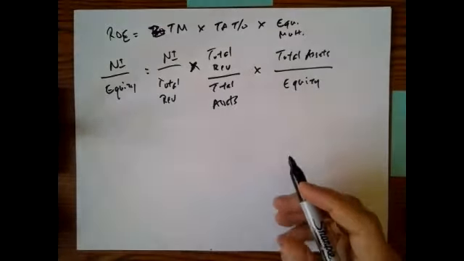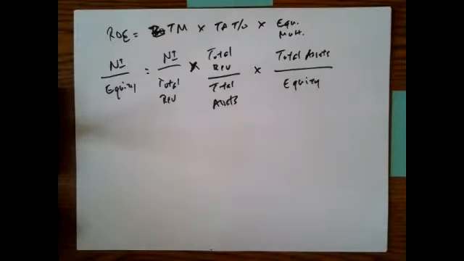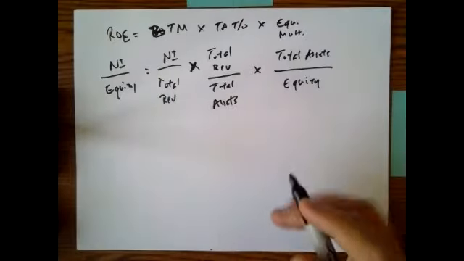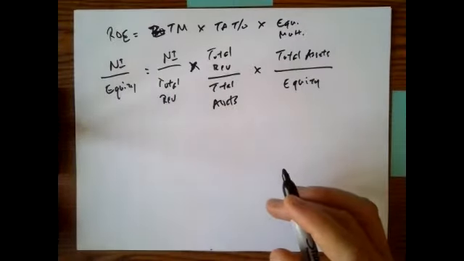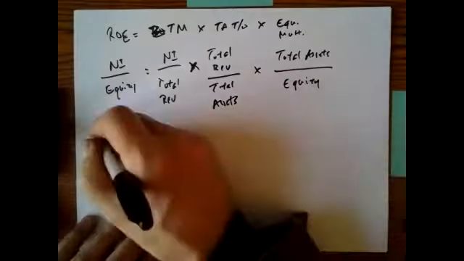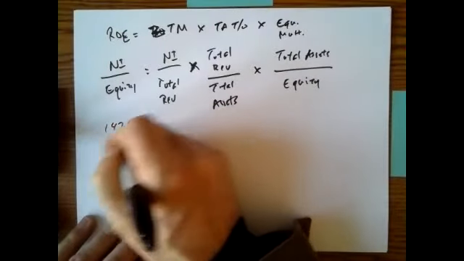So let's fill in the information here. All right, looking for my numbers. Okay. Net income is 14,242.